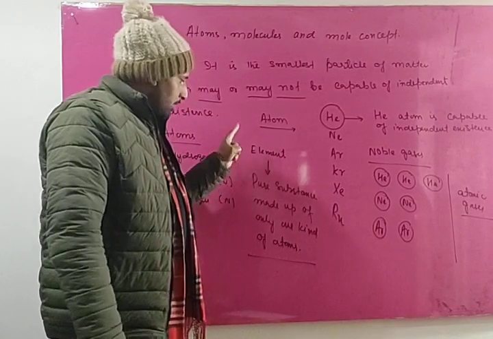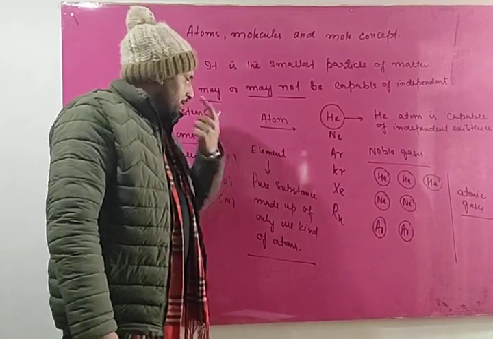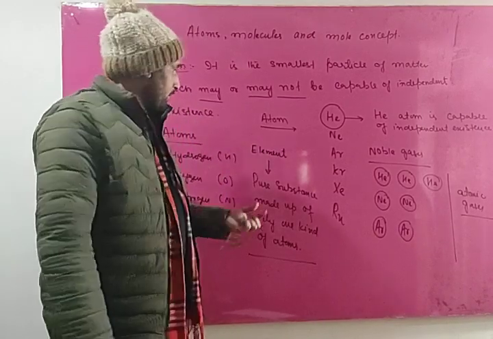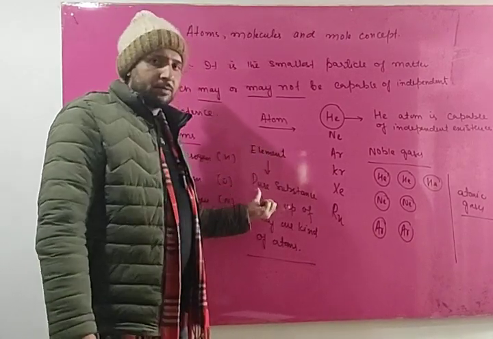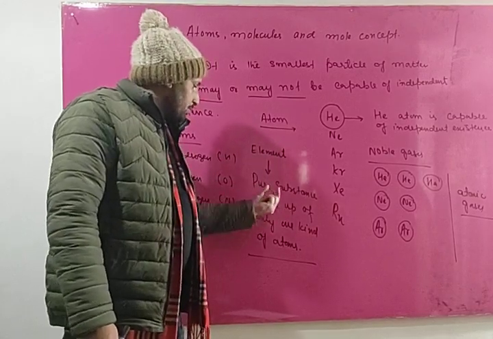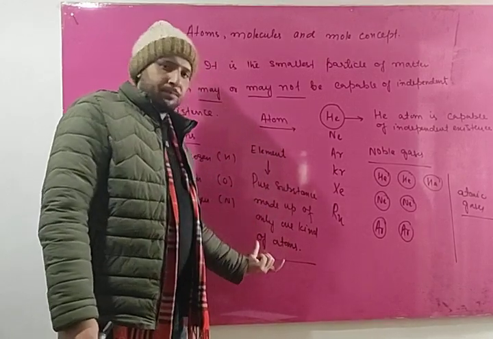Elements are pure substances. Pure, in chemistry, we say for substances which are made up of only one kind of particles. So in case of elements, the particles are atoms, definitely, right? Now, an element is a pure substance which is made up of only one kind of atoms.